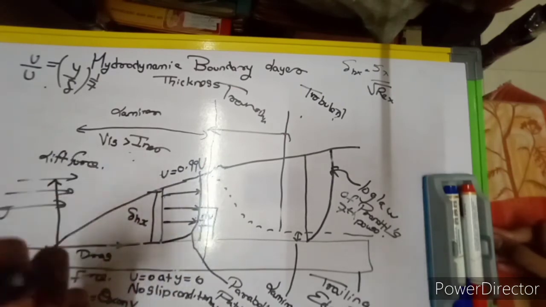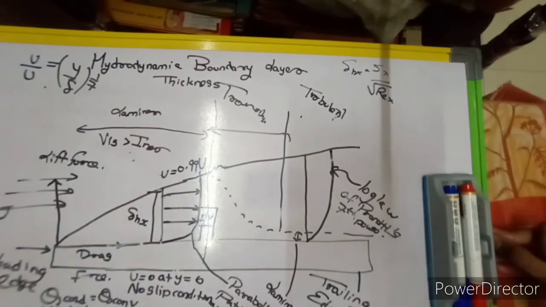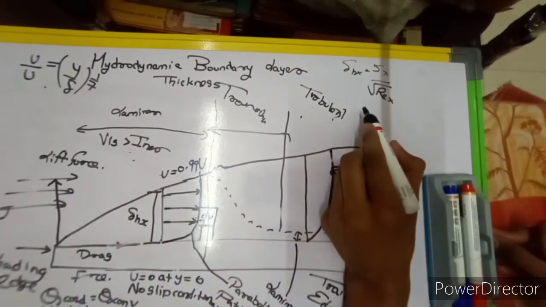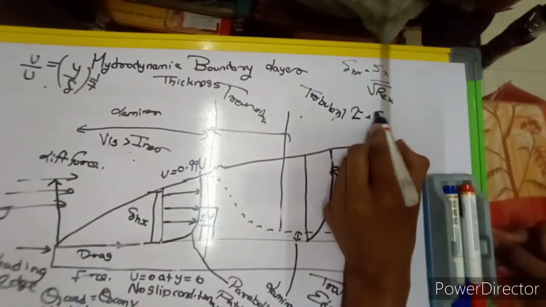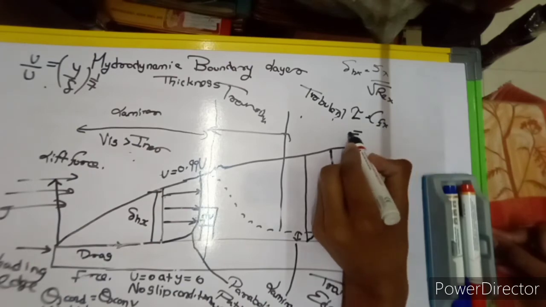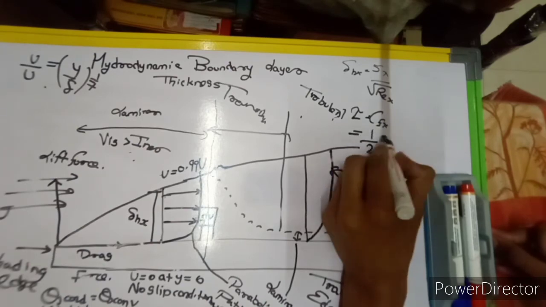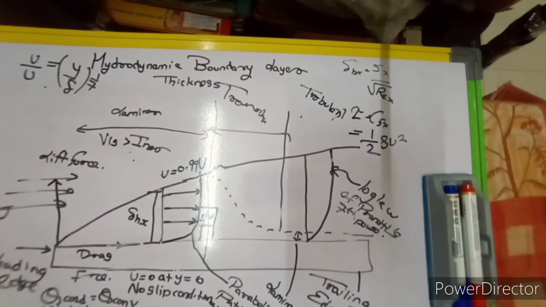You have to just remember some basic formulas which I will tell you. And tau is equal to Cfx, that is the coefficient of friction or drag coefficient, times half rho u square. Okay, so these are some things.